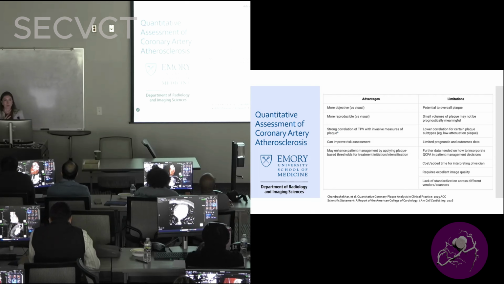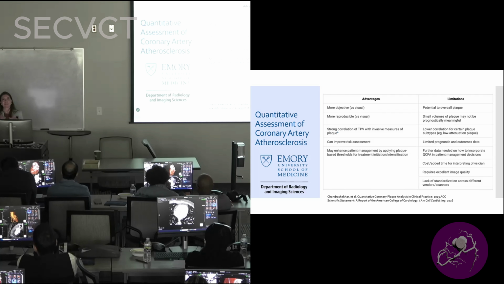It correlates well with invasive angiography measures of plaque, but there are lots of limitations too, such as limited prognostic and outcomes data. If we're quantifying things that we cannot see with our own eyes, we still don't have the data to know what to do with those patients.